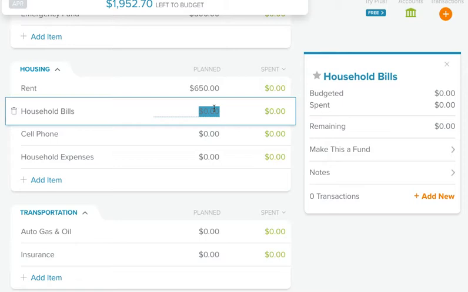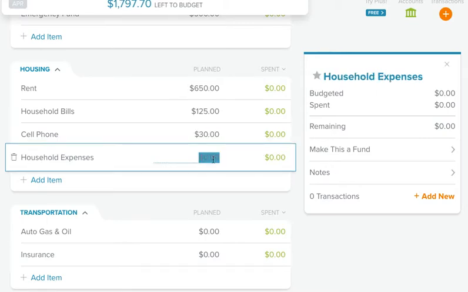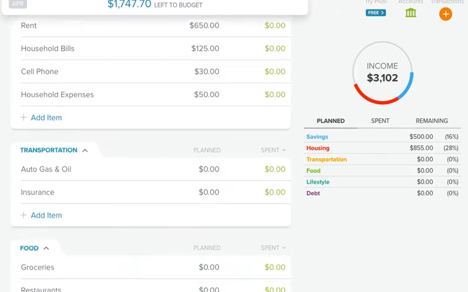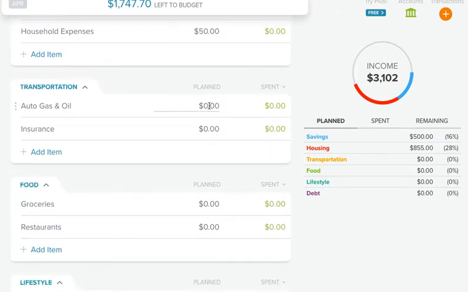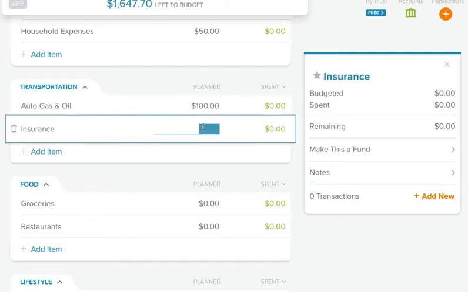So that would be 125 since I share the bills. Cell phone, I actually changed to prepaid, so now it's just $30. I am going to budget about 50. I need 100. That's approximately how much I spend every single month.